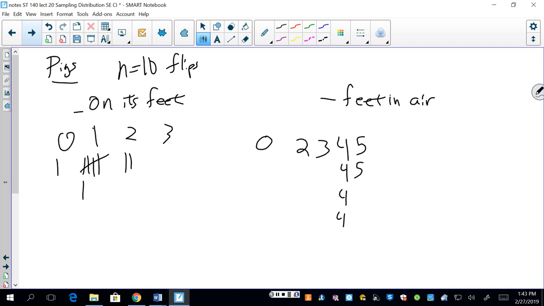Okay, I think I got 2 on its feet, 2 in the air. 0 on its feet and 7 in the air.